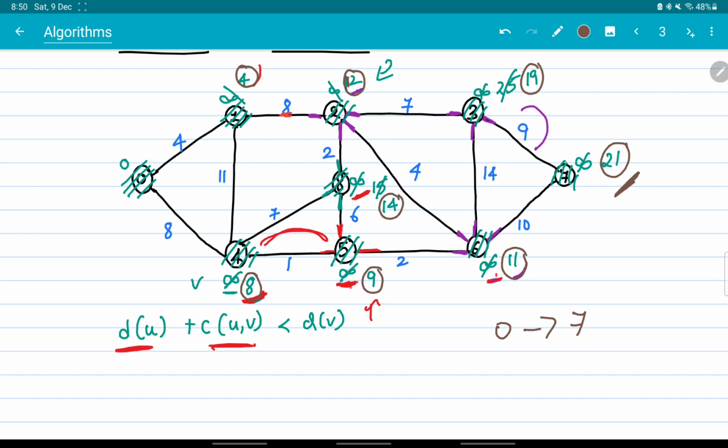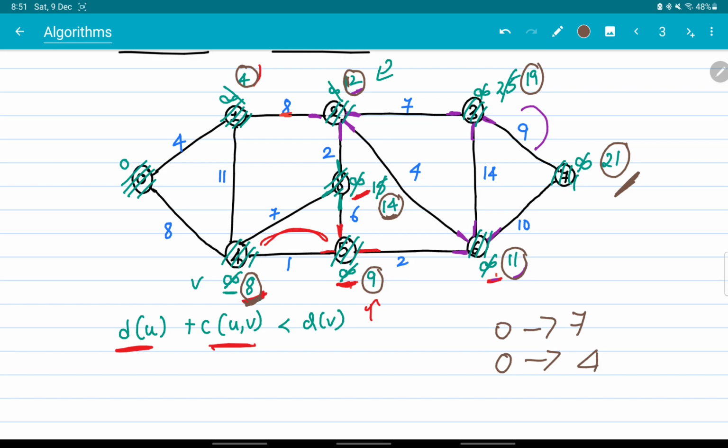21 will be your total minimum weight when you go from vertex 0 to vertex 7. Right? Now suppose I ask you that 0 is your source vertex and you're trying to go from 0 to 4. So what is the value? 8 is the value here. So 8 is the minimum total weight when you're going from vertex 0 to 4. Similarly, you're trying to visit vertex 0 to 8. So in that case, 14 which is present here is your minimum value.